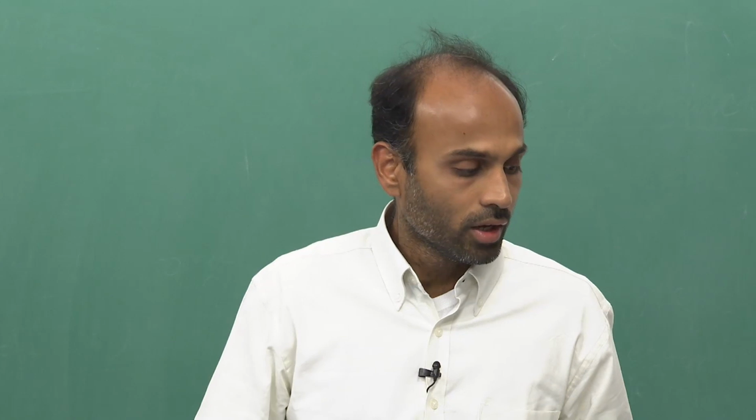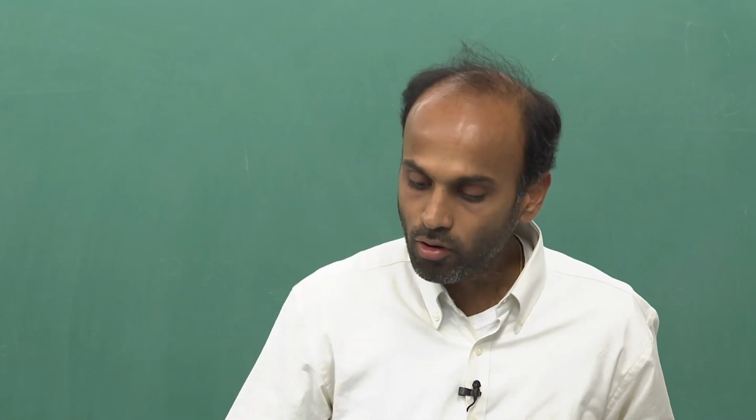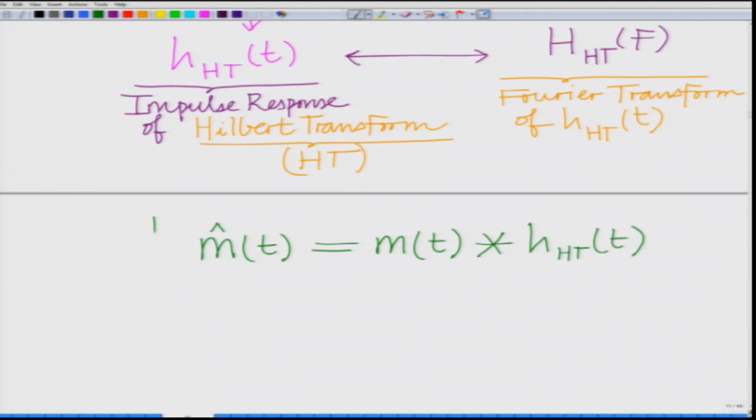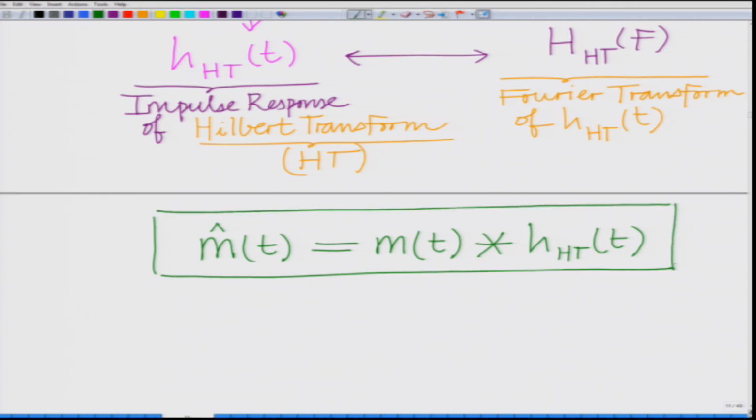Now, before we proceed further, the Hilbert transform m hat of t of m(t) is nothing but the output of the Hilbert transformer when m(t) is the input, which is basically the convolution of the original signal m(t) with the impulse response of the Hilbert transformer.